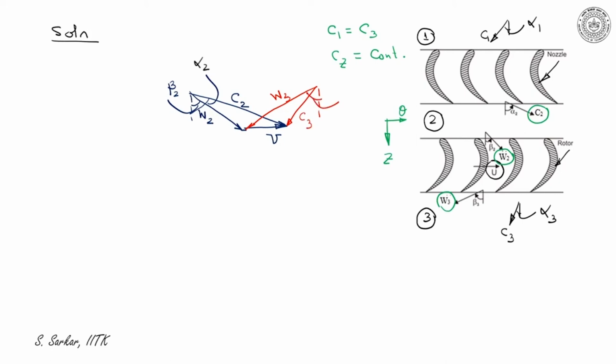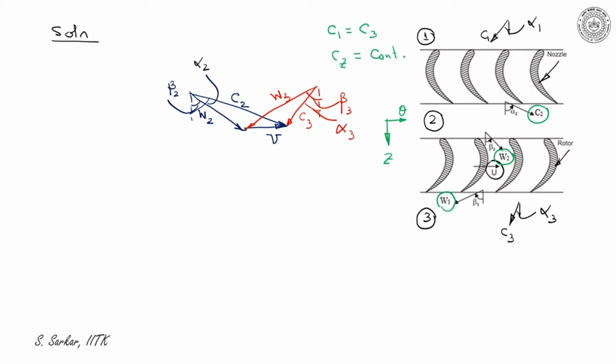W3 makes an angle beta 3 with respect to Z axis, and C3 makes an angle alpha 3 with the Z axis. So this is the velocity triangle. Again, W2 plus U results in C2, and similarly W3 and U will give you C3. Now here W3 obviously would not be equal to W2 because of acceleration of flow within the rotor.